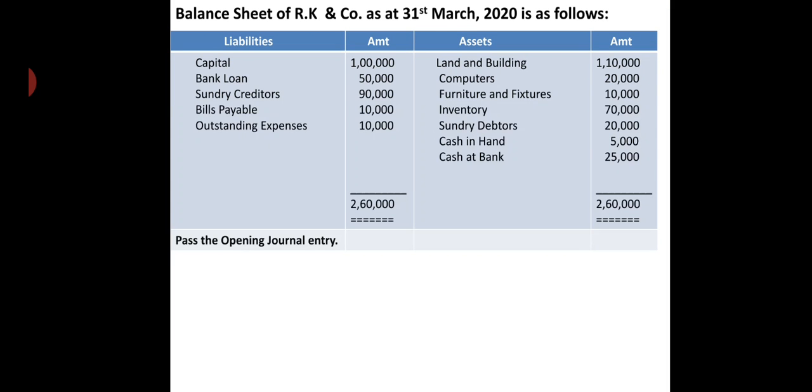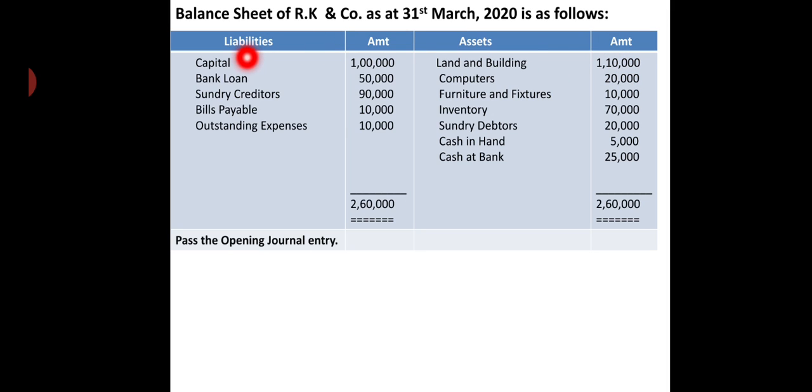Let us understand more about opening entry with the following problem. In front of you is the balance sheet of RK and Company. The year of preparation of balance sheet is on 31st March 2020. Here you can see that liability is written over here, amount, asset, amount.